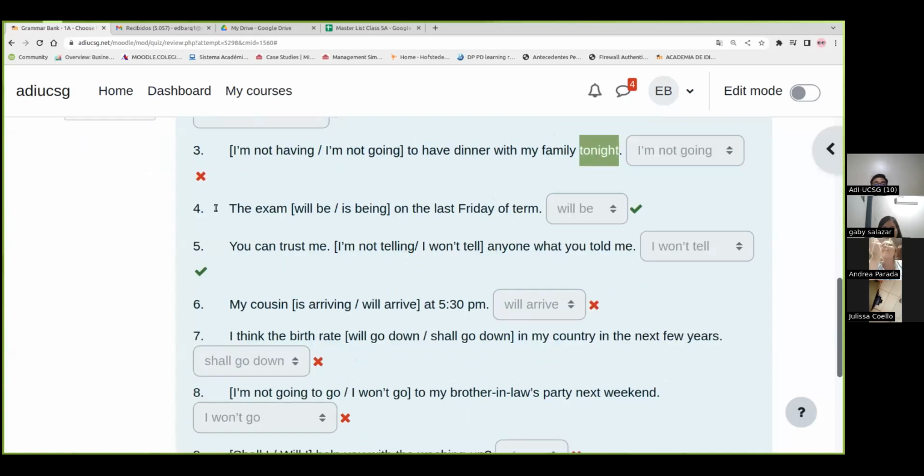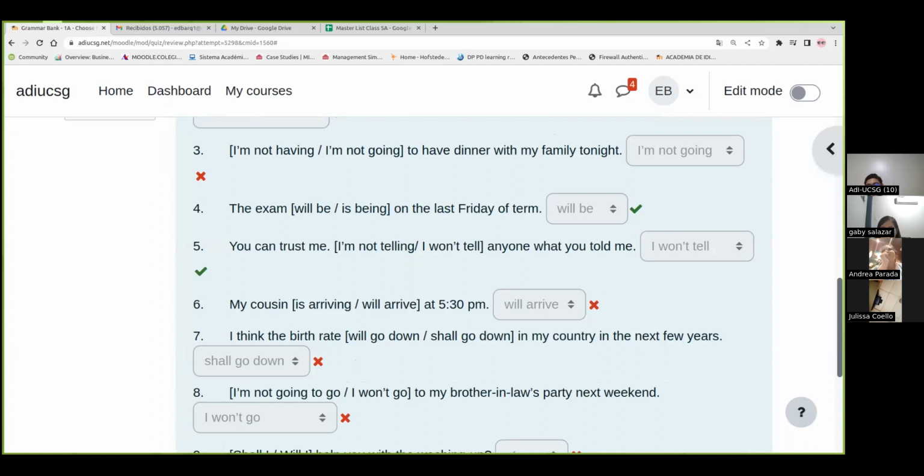All right, let's move on. Number 4 will be, and well, in this case, this is not a specific time because it says the exam will be on the last Friday of term. It's a specific day, but you have to check because every term will involve a different Friday on a different day.